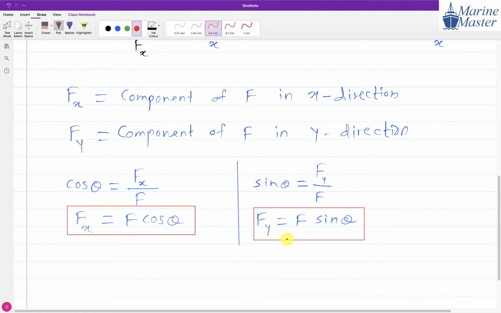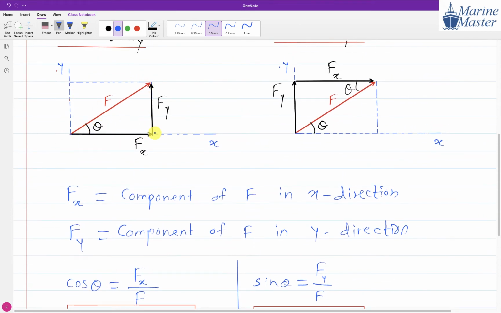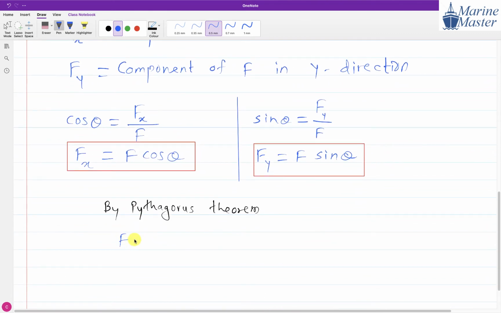Now what will be it by Pythagoras theorem? This is a right angle triangle, so we can apply Pythagoras theorem. According to Pythagoras theorem, F will become under root of Fx square plus Fy square.